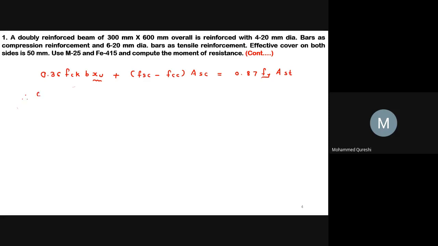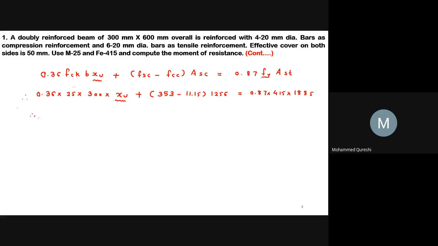So therefore we will put all the values. 0.36 into value of FCK, given as 25, into width of the beam 300, into XU, as it is still unknown and we have to calculate this value, plus FSC we had calculated in the second step, 353, and FCC as 11.15, into ASC 1256, equals 0.87 into Fy, given as 415, and AST we had calculated in the first step as 1885.